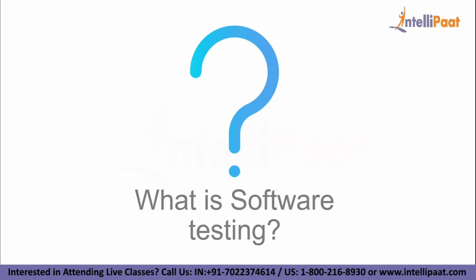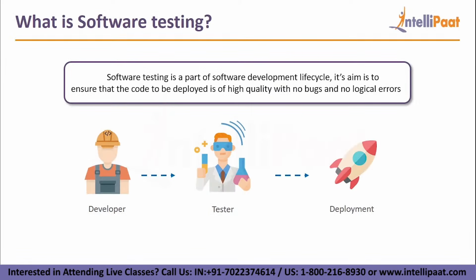What is software testing? Software testing is a part of software development lifecycle. Its aim is to ensure that the code to be deployed is of high quality with no bugs and no logical error. If you imagine yourself as a developer making an app in a company, then your job would be to develop the code. But then after it's done being developed, it's sent to a tester who makes sure that the code is of high quality with no bugs and no logical errors.